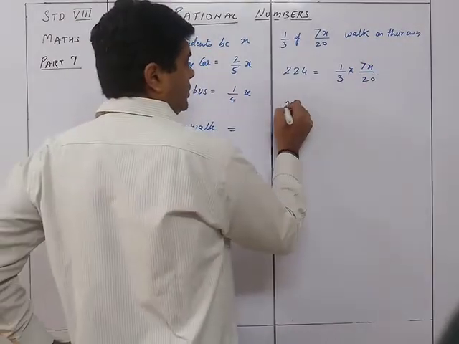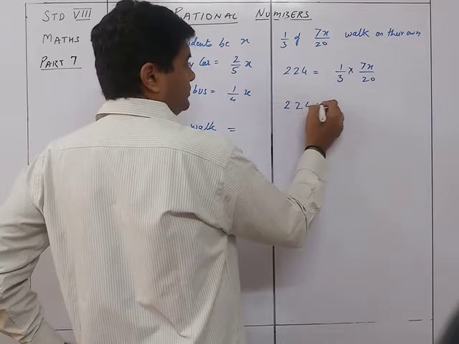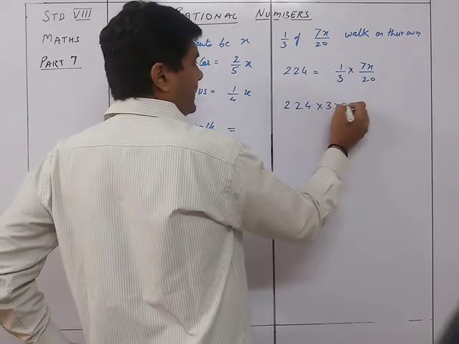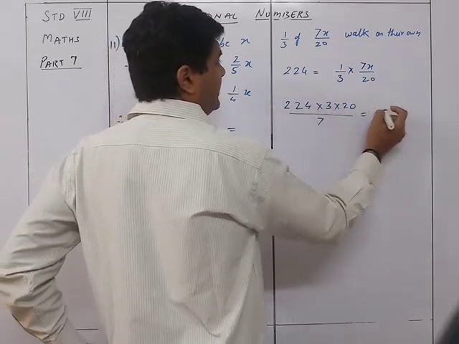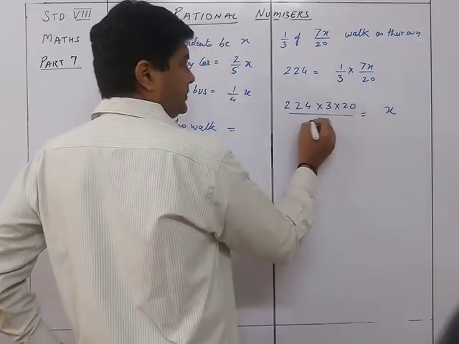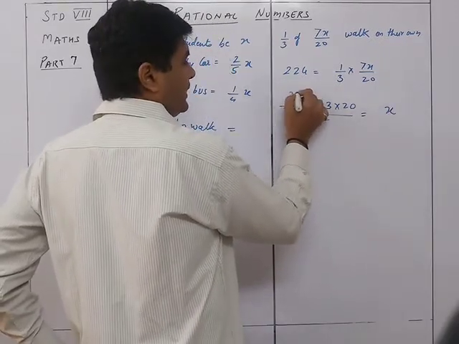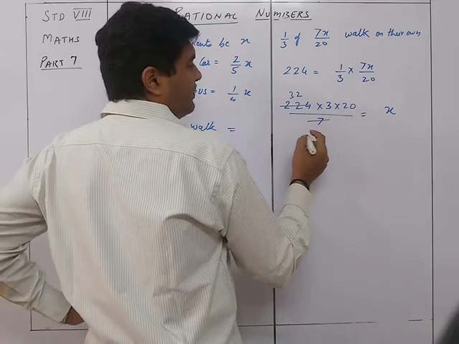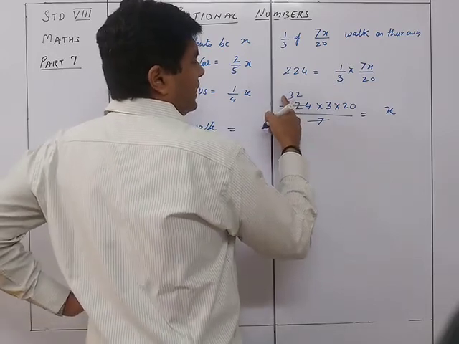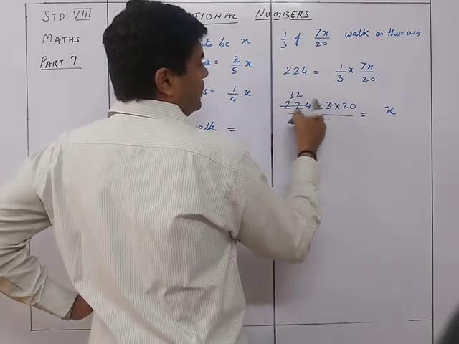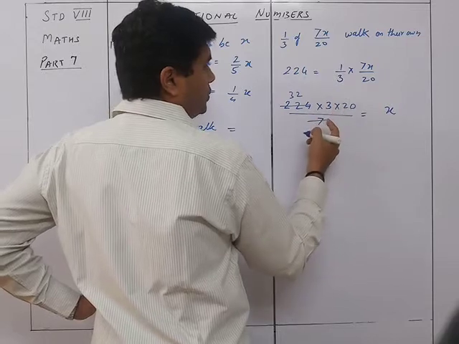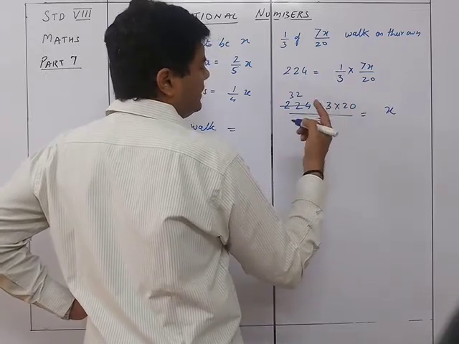So this becomes 224 into 3 into 20 upon 7 is equal to x. So 7 3s are 21 and 7 2s are 14. So that will give me 32 into 3 is 96. 96 into 2 is 192.